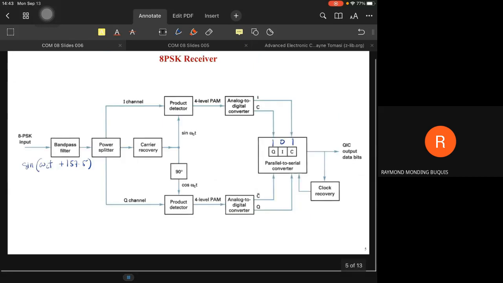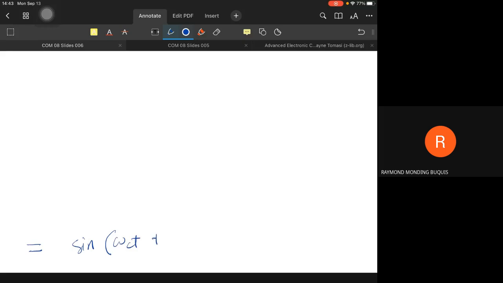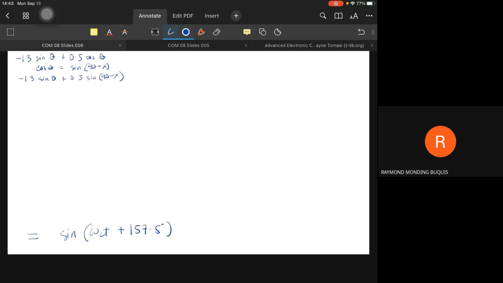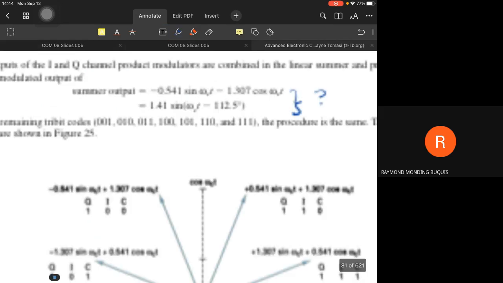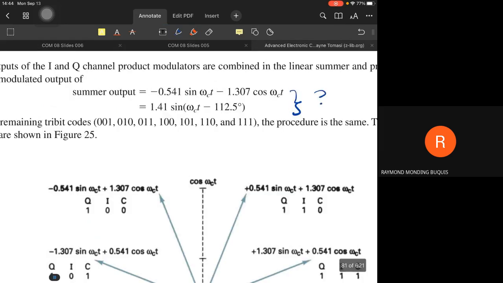So expected ani nga output is sine omega CT plus 157.5, no? But gikan dire, padlong dire, is unsang process, no? Wala niya gipakita. Diretso na.